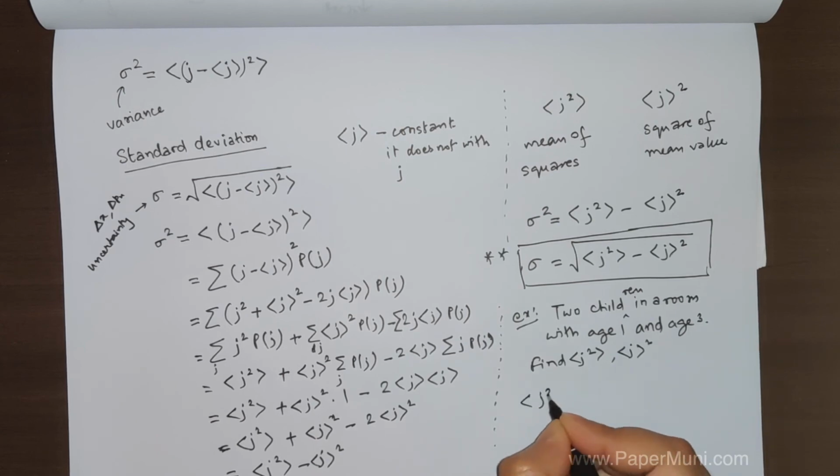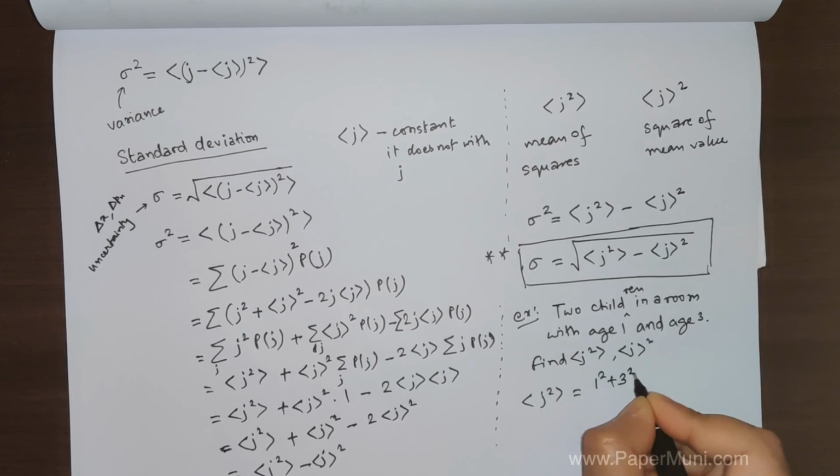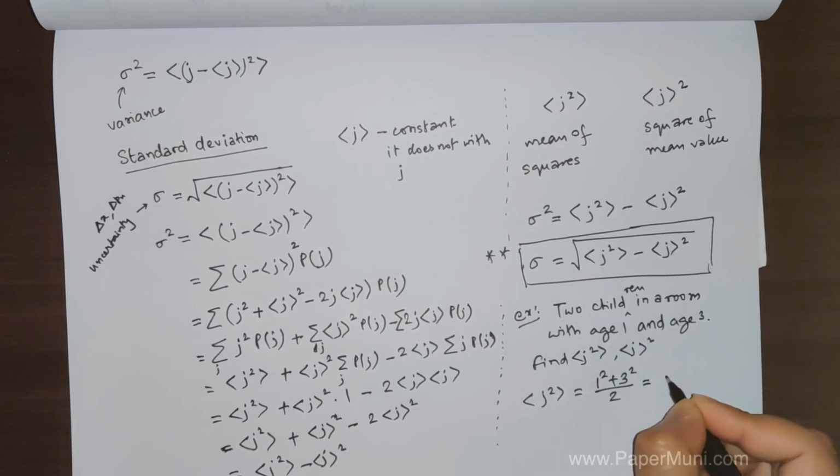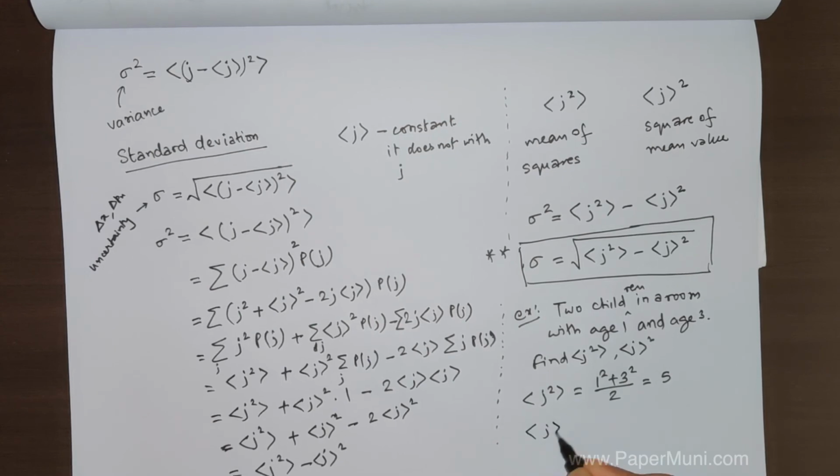So if you write down the mean of j square, this is simply 1 square plus 3 square by 2, and this gives you 5, right? And if you take the square of the mean, this is 1 plus 3 by 2, and if you take the square of it, you'll get 4.